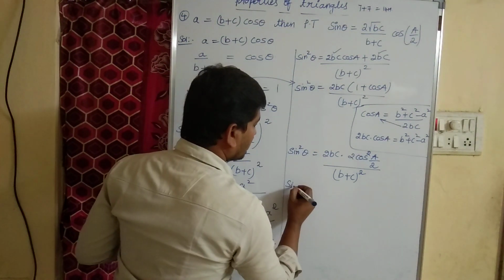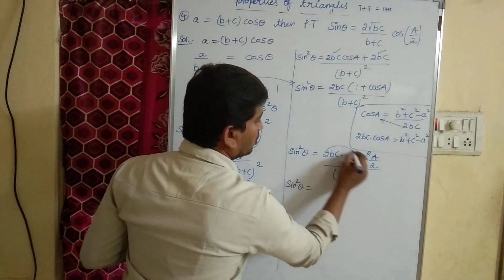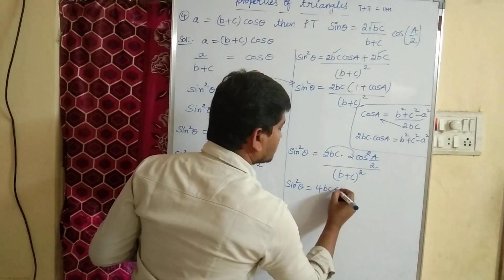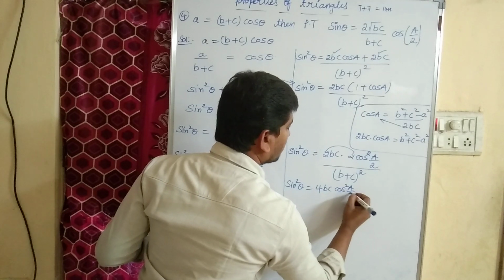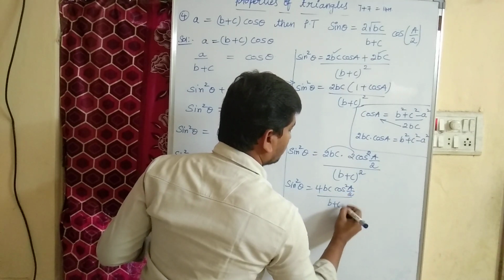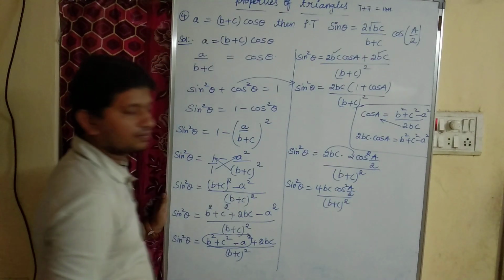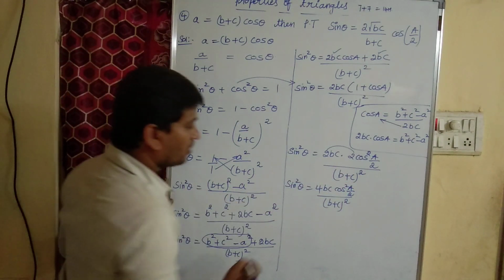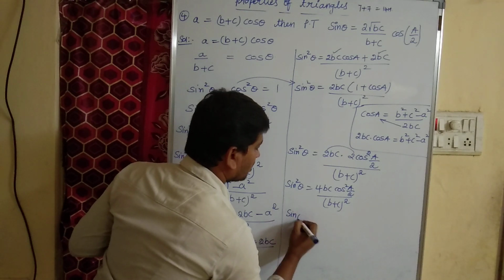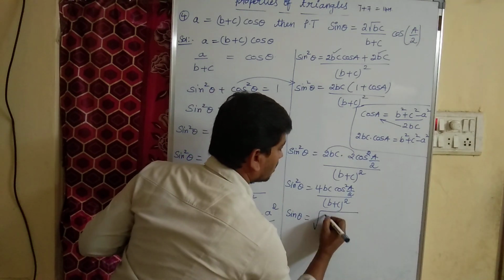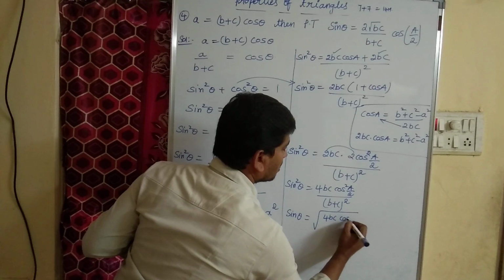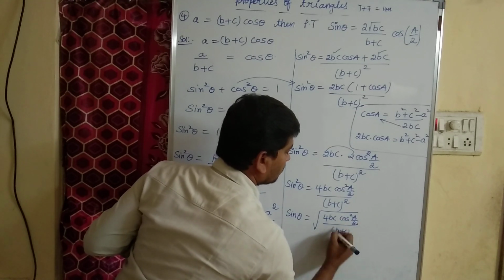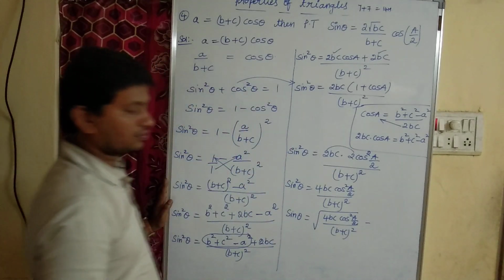Now sin square theta is equal to 2 into 2, that is 4bc cos square A by 2 divided by b plus c whole square. If I transpose square towards right hand side, it will become root. So sin theta equal to root over 4bc cos square A by 2 divided by b plus c whole square.